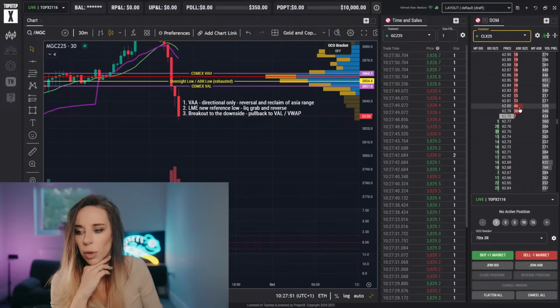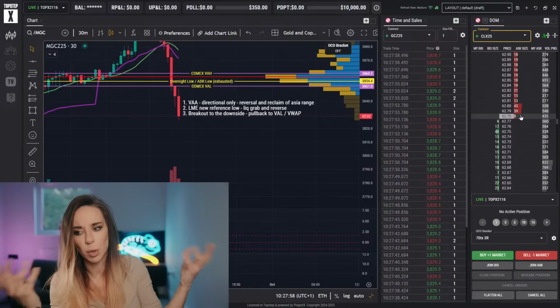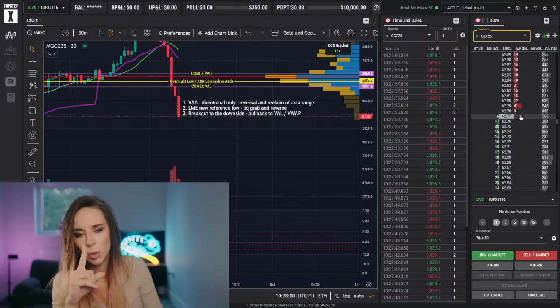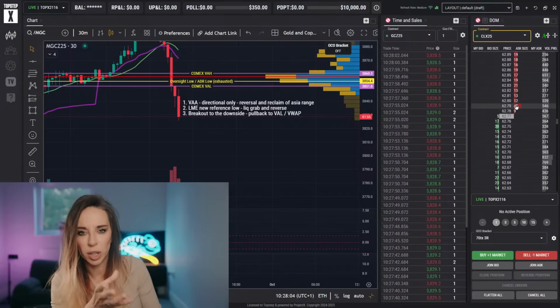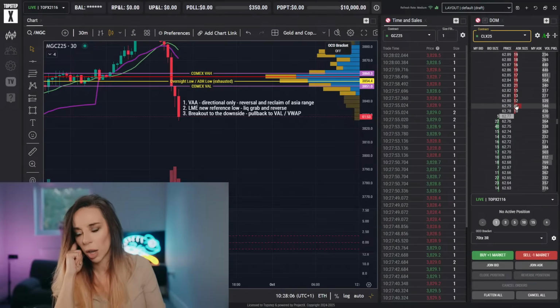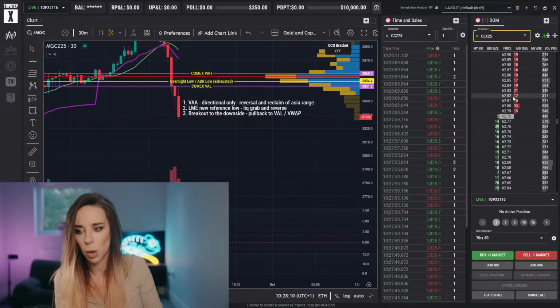Remember, every time you have more orders anywhere, that represents some sort of congestion, right? So if it's just one price point, that's actually pretty easy to take out with a slightly bigger order.